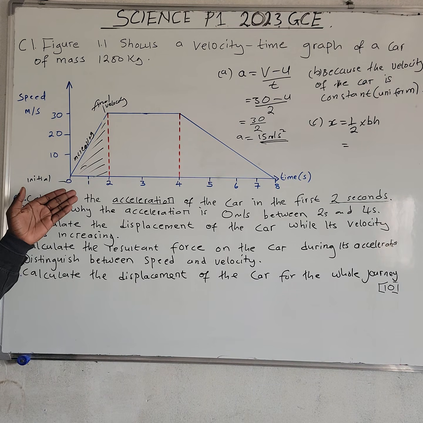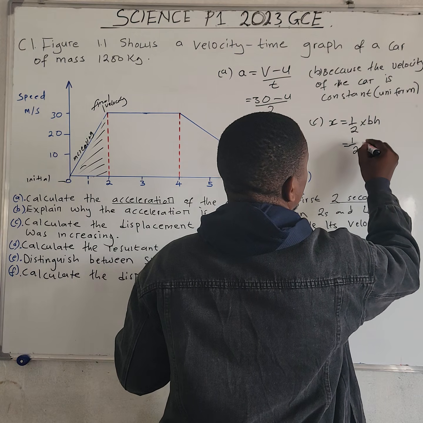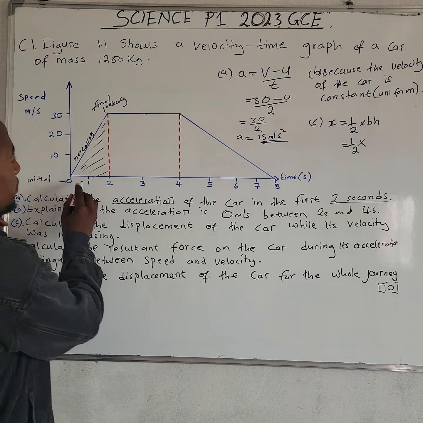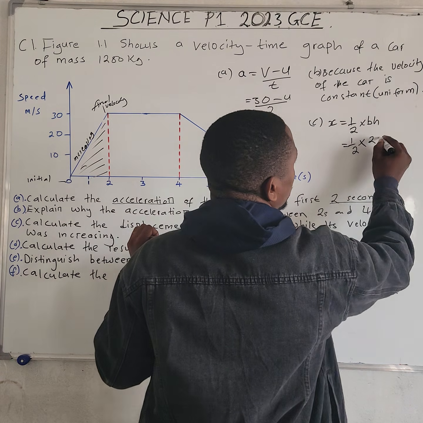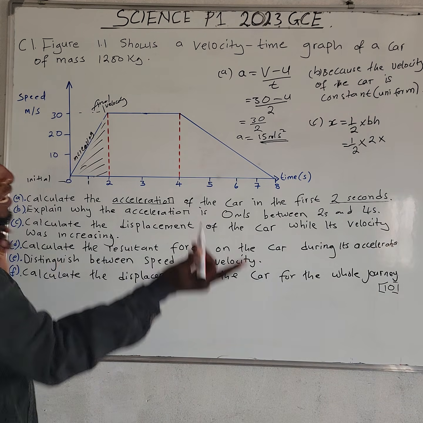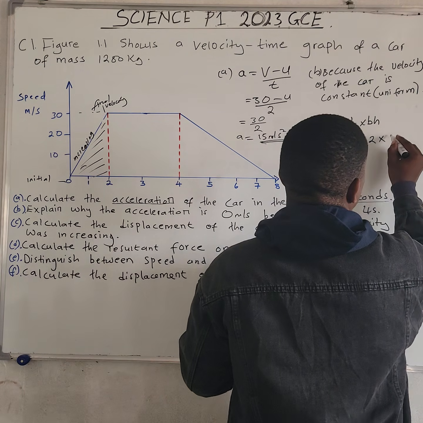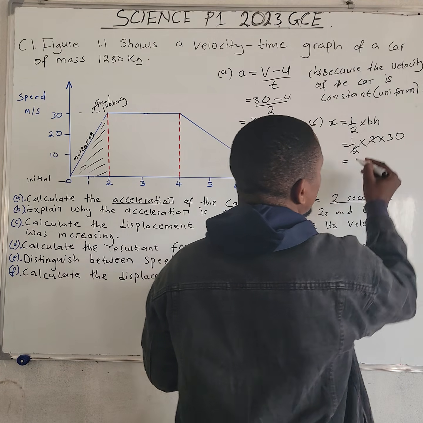So what are we going to do here? We are going to say half multiplied by the base. This base is 2, multiplied by the height. The height is 30. Okay, so this will cancel.